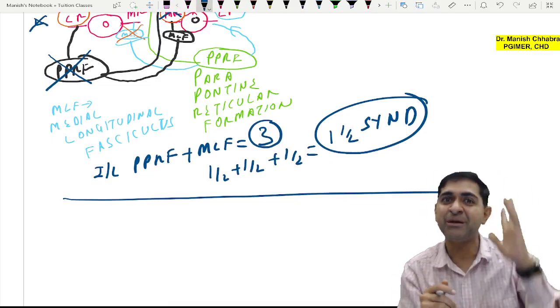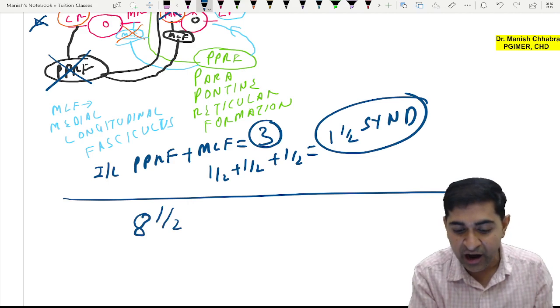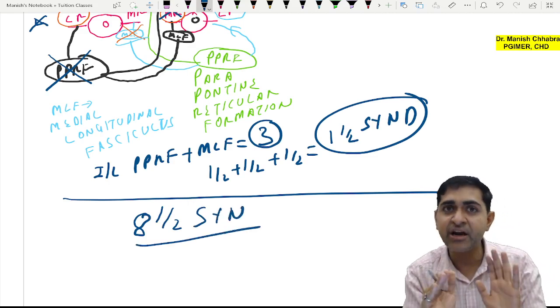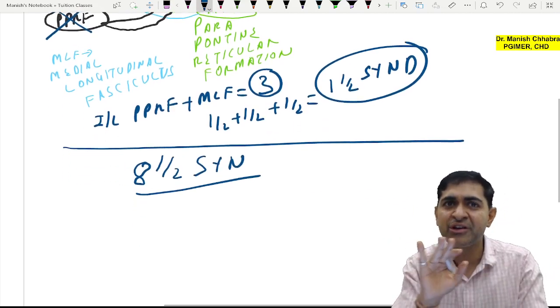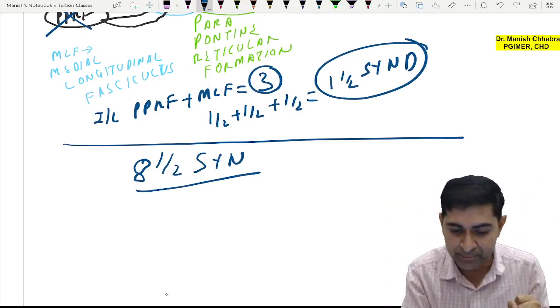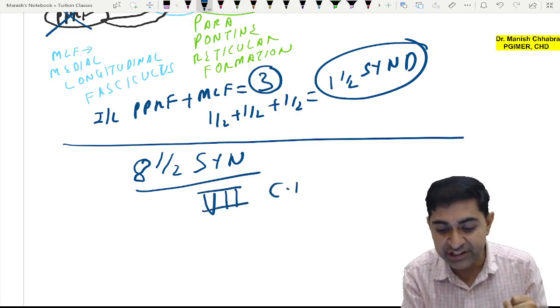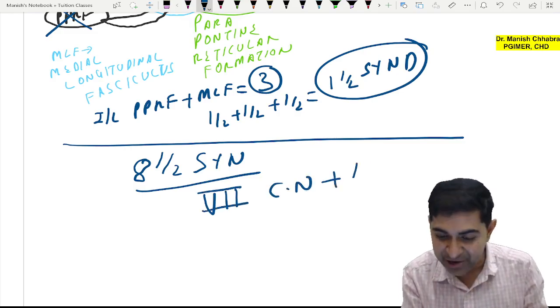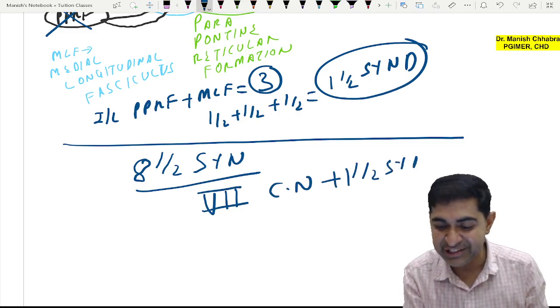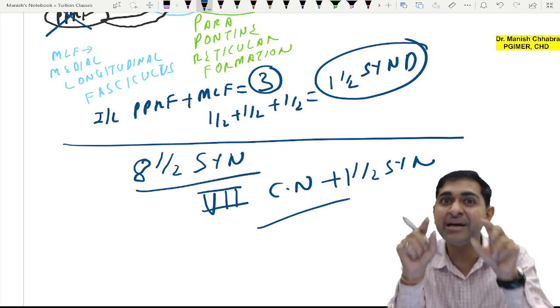Okay. Now I want to take it a little higher, just one line, and it will help you solve one more MCQ. There is another term, that is your 8.5 syndrome. What is 8.5? Nothing of very hi-fi sorts. Just remember, if there is involvement of the 7th cranial nerve, which is your facial nerve, plus 1.5 syndrome, you add it, because the facial nerve number is 7.